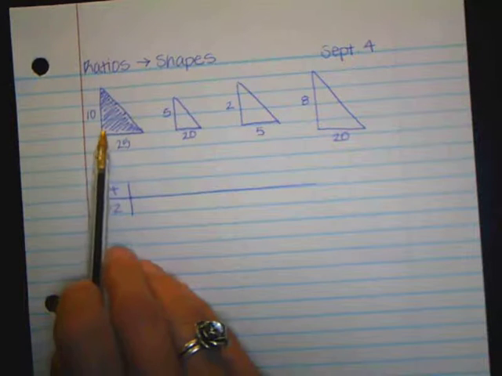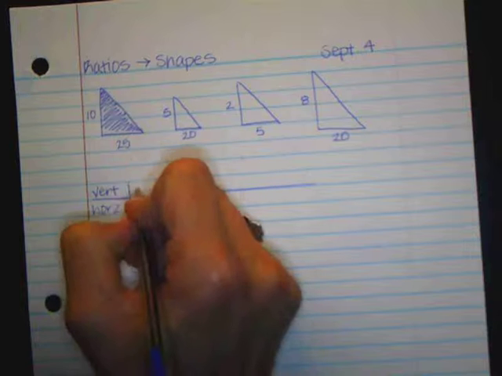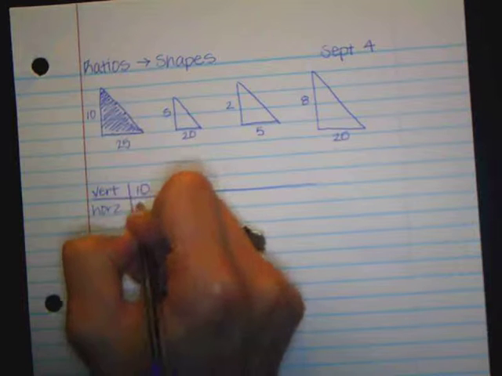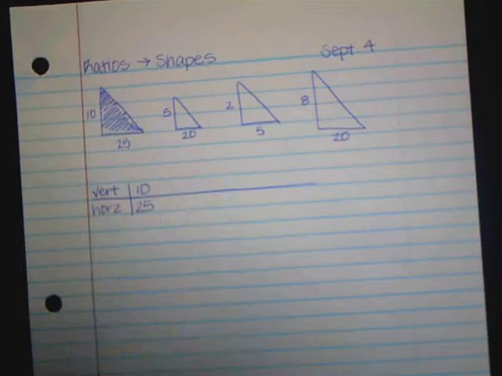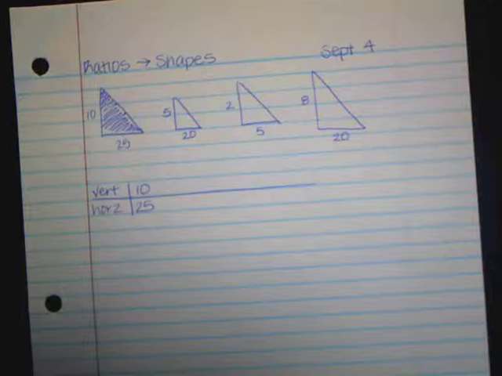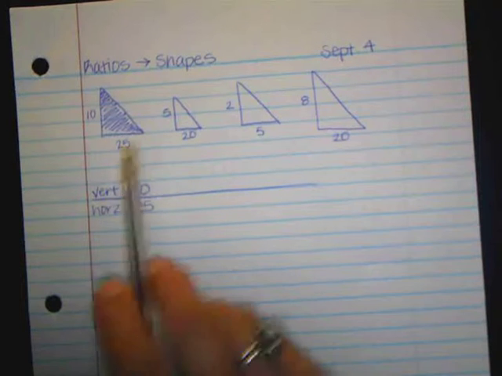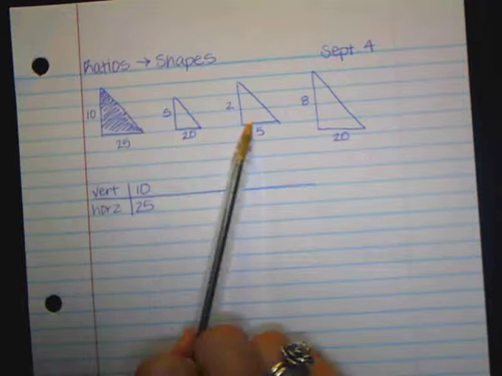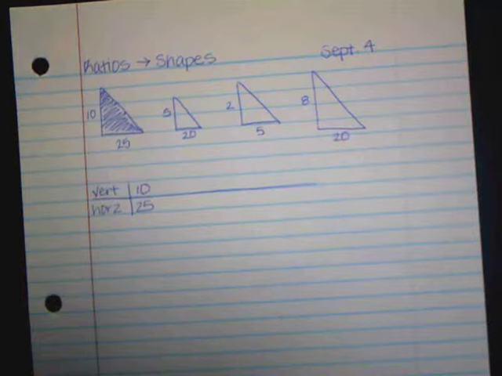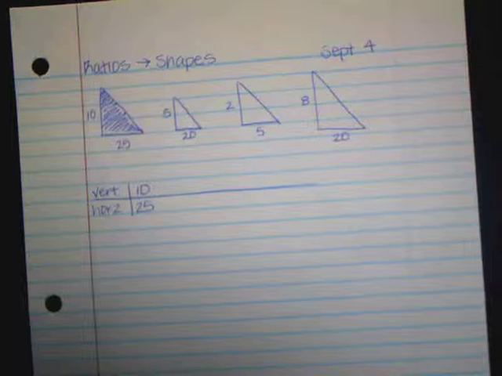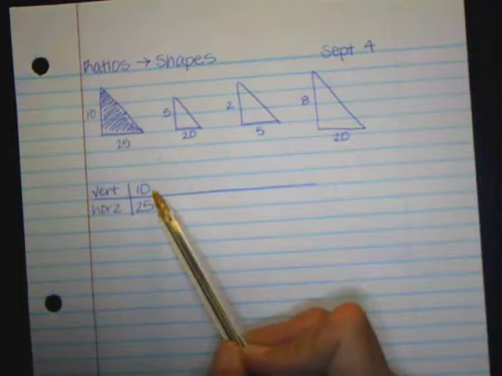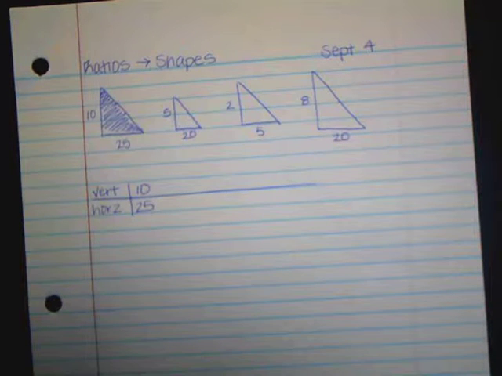So in my shaded triangle, I have a vertical side of 10 and a horizontal side of 25. Now I am going to try to decipher which of these triangles are similar to them. That means that they are in proportion, or they are the same ratio.